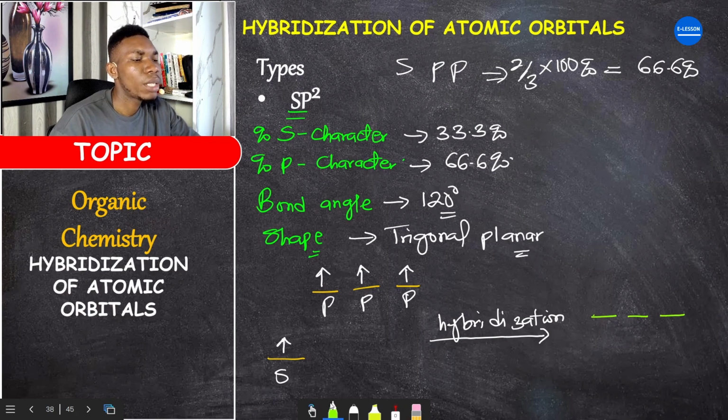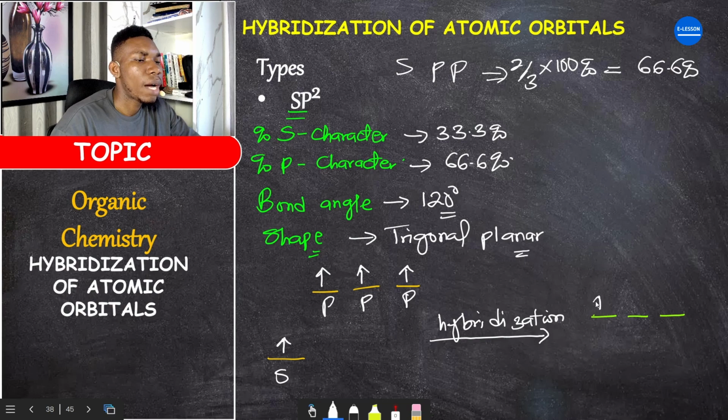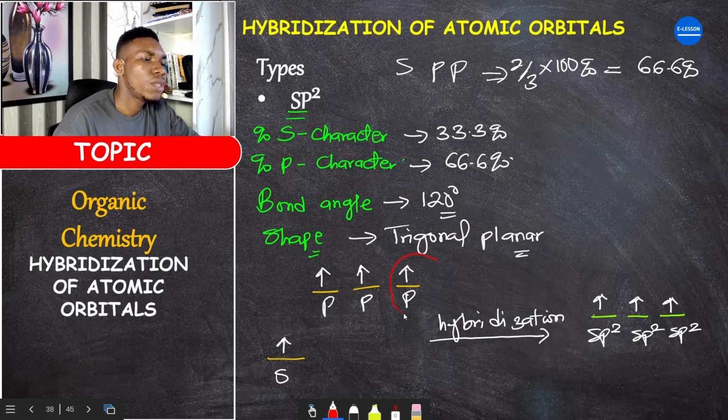Now, 3 hybrid orbitals will be formed simultaneously also. So you have something like this: 1, 2, 3. And here will be what? sp2, sp2, sp2. Now, one of the p orbitals is unhybridized. Which of them should we say is unhybridized? Let us say this one is unhybridized.